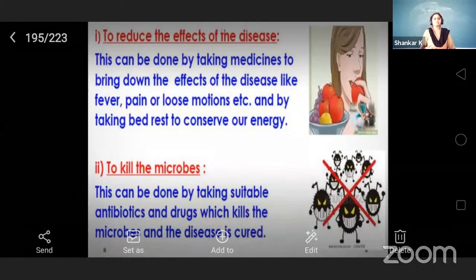To kill the microbes which cause, for example, fever and cold, people can become cured from these diseases. And to reduce the effect of diseases like cancer and AIDS, we can only reduce the effects. They cannot become cured in their life.